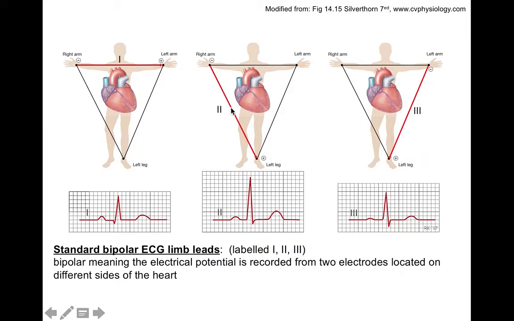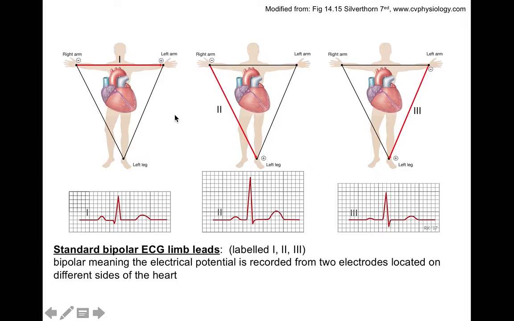Whereas in limb arrangement 2, you have the positive electrode on the left leg, the negative electrode on the right arm, and the left arm is the ground, and then you can measure the electrical potential in this orientation from the right arm to the left leg. And finally, limb arrangement 3 for the bipolar leads is the negative electrode on the left arm, the positive electrode again on the left leg, and you're measuring the electrical activity in this direction, diagonally down to the left.